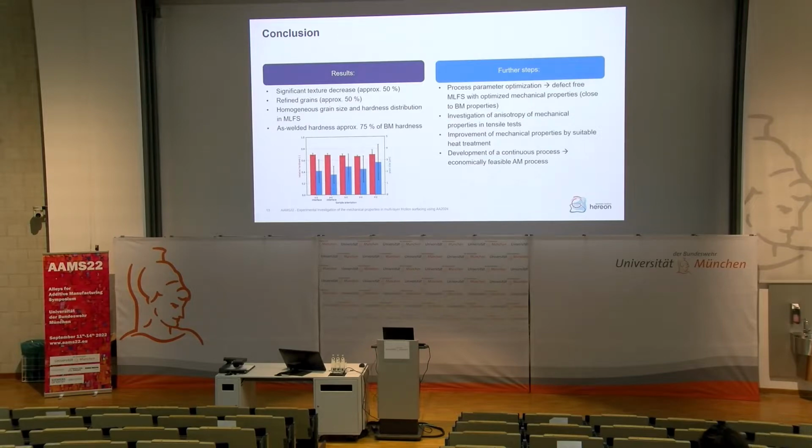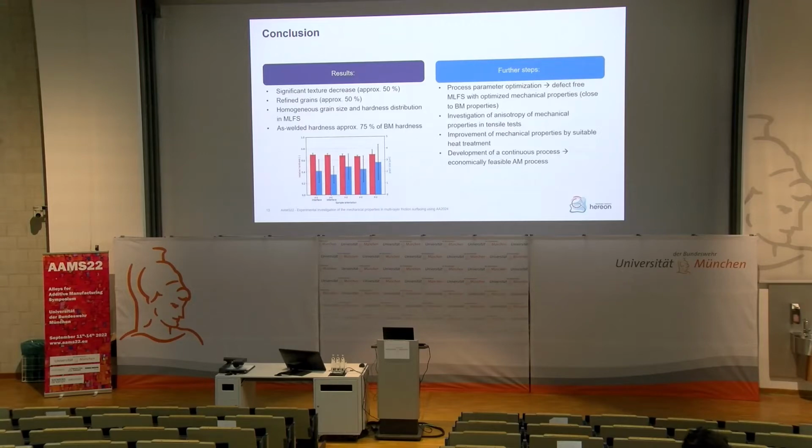And also afterwards, after we have done this optimization, we are interested in looking at the mechanical properties in tensile tests, for example, in different orientations, to see if we can also expect this isotropic behavior that we have seen in the grain sizes and in the hardness. Also, it's possible to increase the mechanical properties by suitable heat treatment.